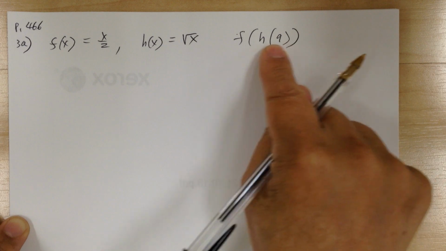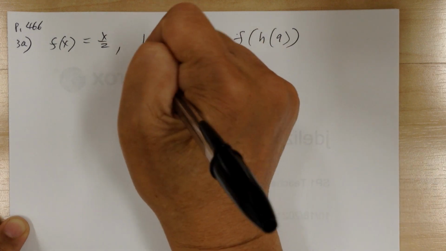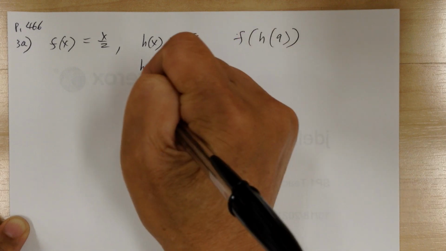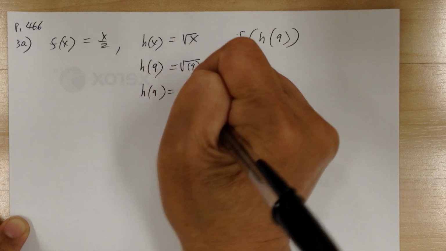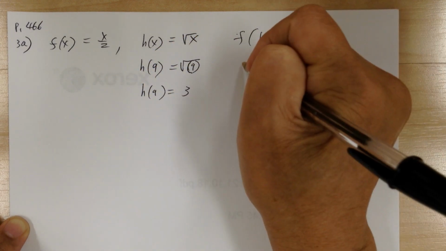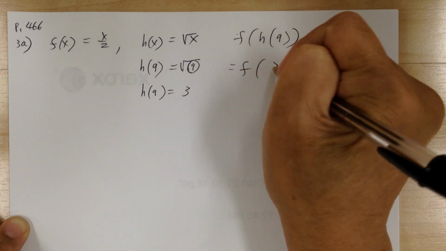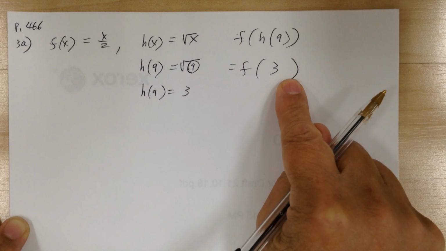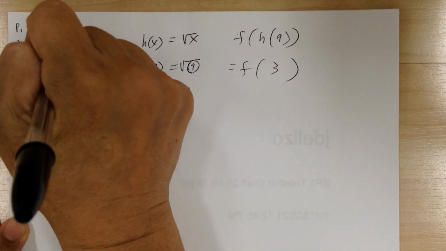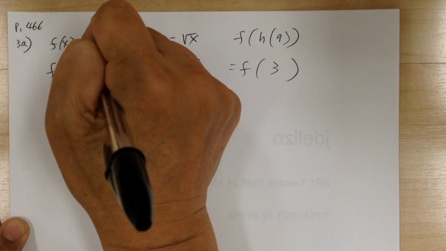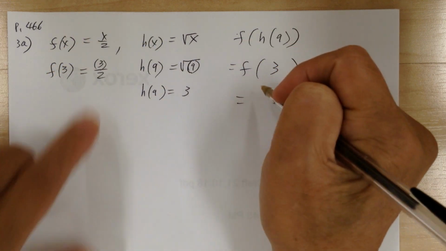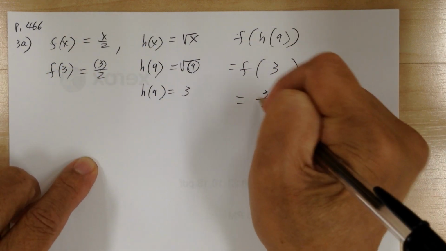First look for h of 9. So h of 9 equals square root of 9, which is 3. This becomes f of 3, and f of 3 will equal 3 over 2.